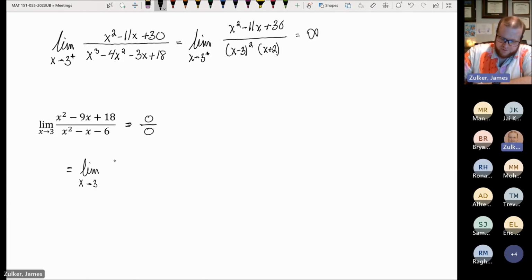Right, so remember, we're going to try and find a function that is identical to this one everywhere except at 3. So do algebra, completely factor the numerator and denominator, see if we have any like terms. Okay, what do we get? 6 and 3 both minus.